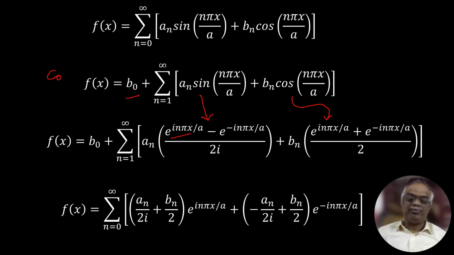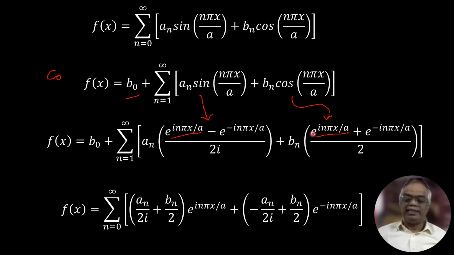Then you group the similar terms. Here you have e^(i n pi x over a), and here also e^(i n pi x over a). Here you have a_n divided by 2i, and here you have b_n divided by 2. So a_n divided by 2i plus b_n divided by 2, times the exponential e^(i n pi x over a).